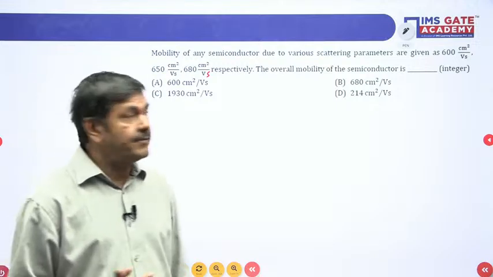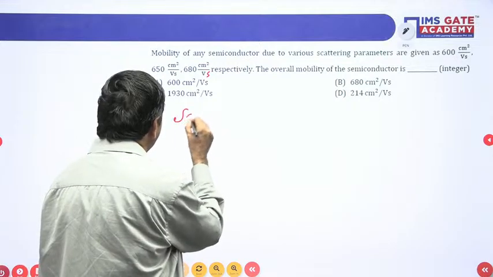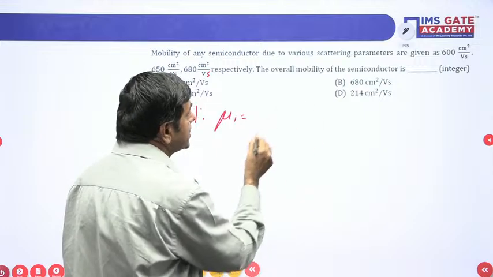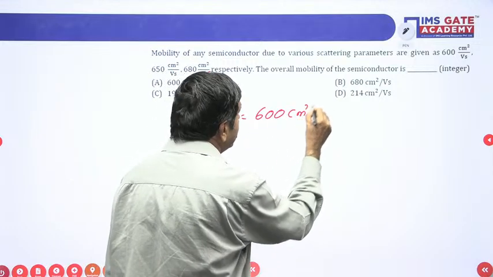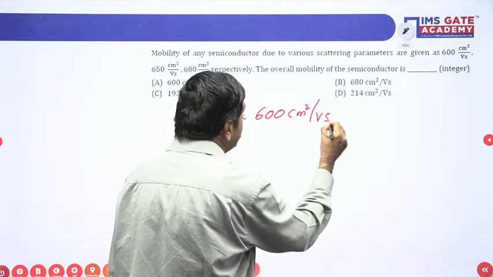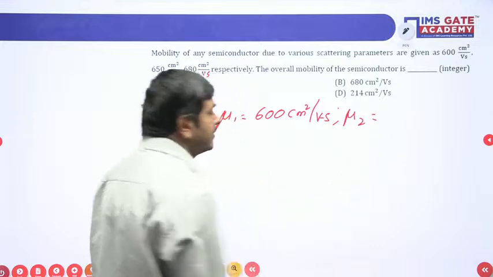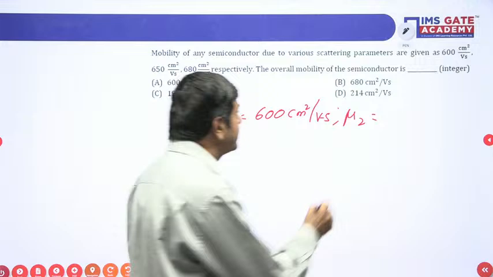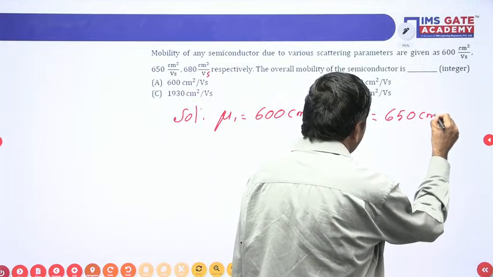The mobility of the first one, mu1, is given in the problem: 600 cm square per volt second. Mu2, the mobility due to a different factor, is 650 cm square per volt second.